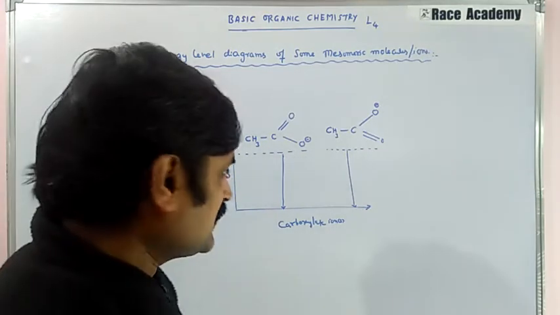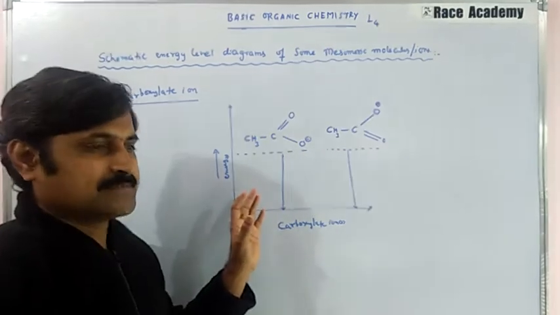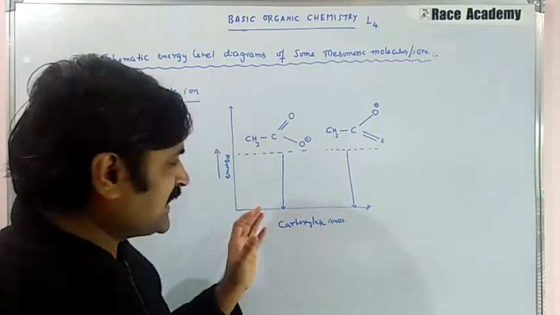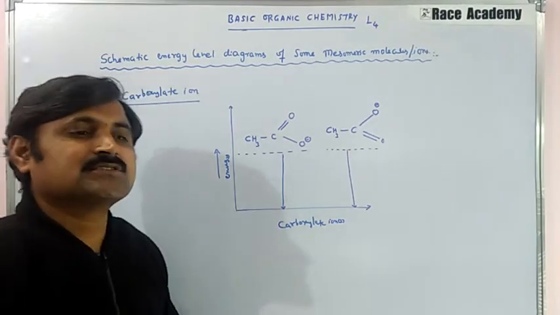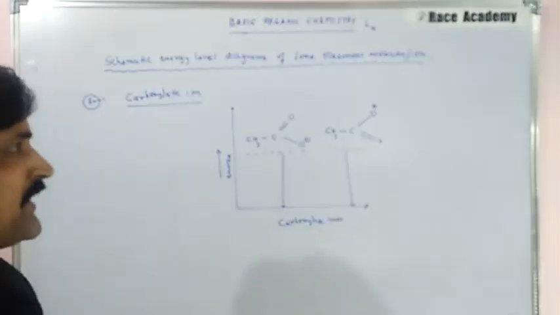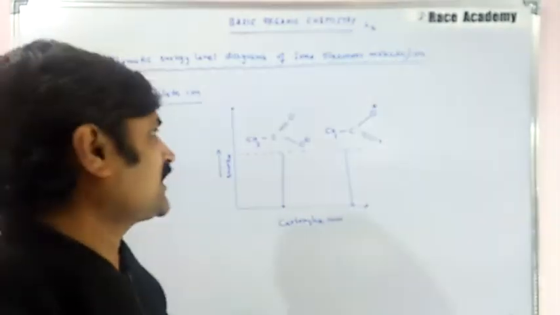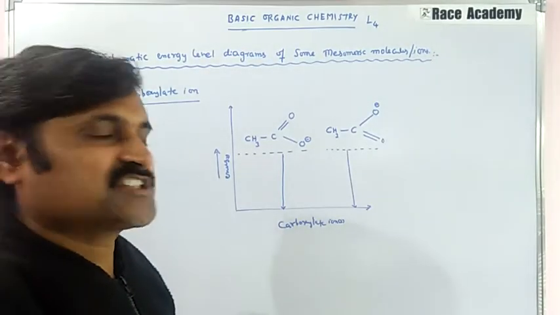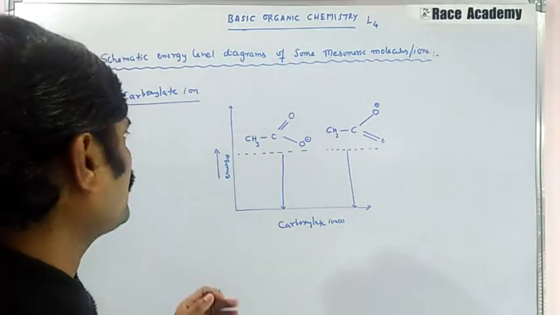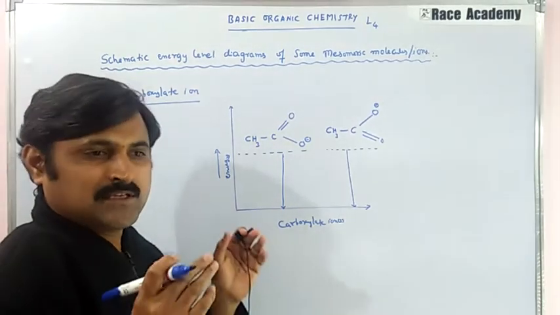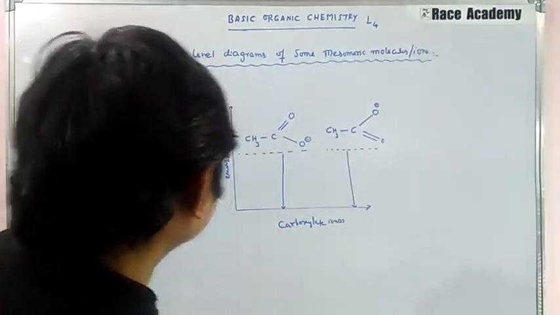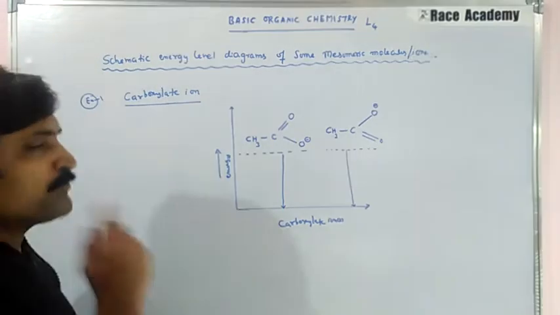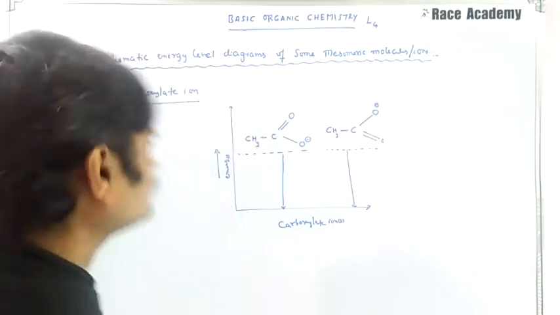That means this interpretation is telling us that the two equivalent resonating structures have the same energy for this carboxylate ion, which contributes to the stability of the carboxylate ion in the concept of resonance. This is one example, the carboxylate ion, that I have taken.